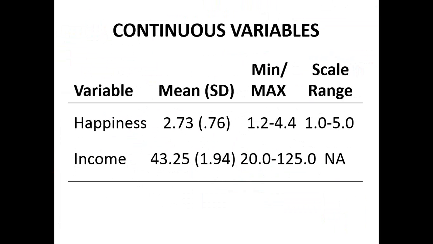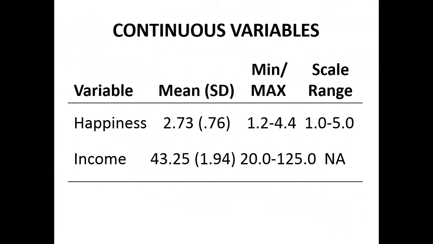So of the 4 variables in this study, we have 2 continuous, which are happiness and income. You see them listed on the left. And then the next column you could see, there's the mean. So the mean for happiness, 2.73, the min-max, and the scale range.